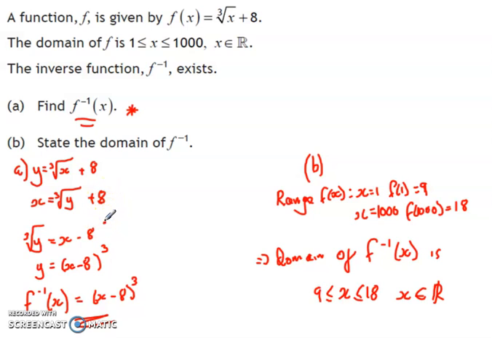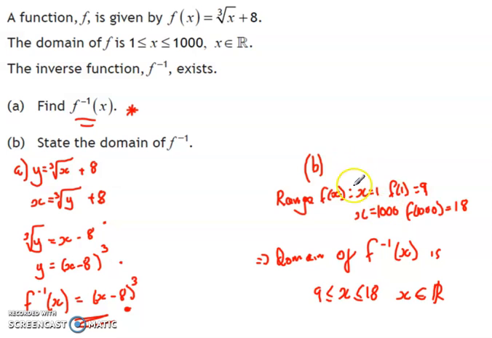I then get my second mark for getting to this stage, that y equals 8 minus x cubed, but my final mark is only awarded when I rewrite it as the inverse, f minus 1 of x is equal to 8 minus x cubed. We have to make sure we have that written in. If we don't, we do not get that final mark. So make sure that you do that.